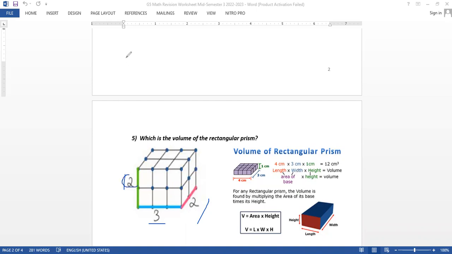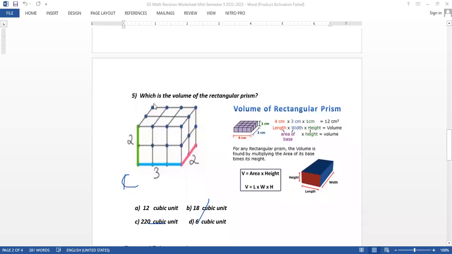So the answer is 12, which is A. So as you can see, the rule of the volume: we multiply length by width by height, or area of the base by height, because length by width equals the area. So here we have 3 dimensions, so we just need to multiply them.